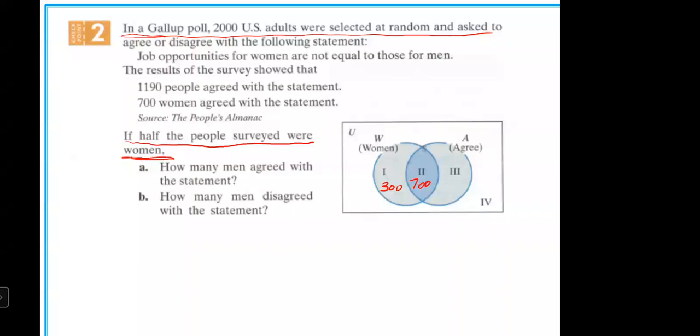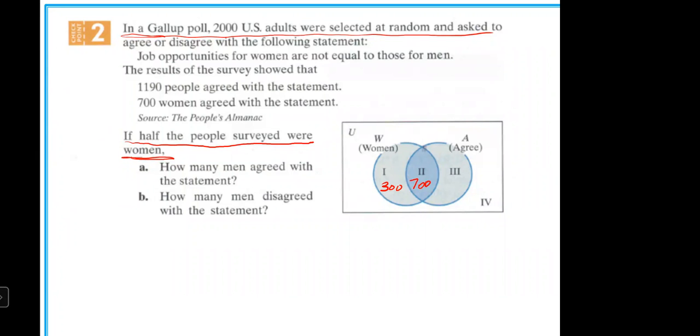All right. Ms. Pratt, what would go in region 3? How many men agreed? Okay, what am I looking at? You're looking at region 3. That circle with A is telling you how many persons agreed.